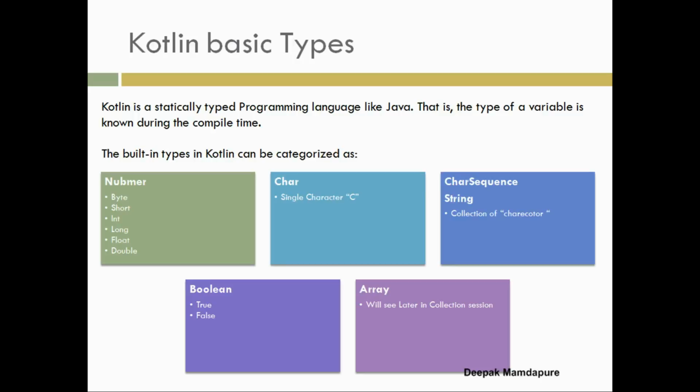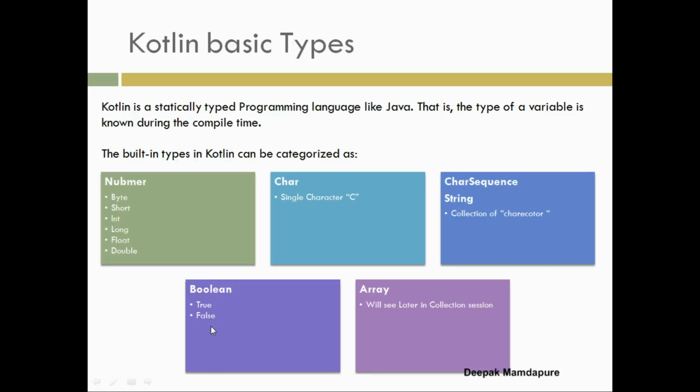The built-in types in Kotlin can be categorized as number, char, char sequence, boolean and array. In number, the types are byte, short, int, long, float and double. Char is a char variable. Char sequence is the string type. Boolean holds a value like true or false.